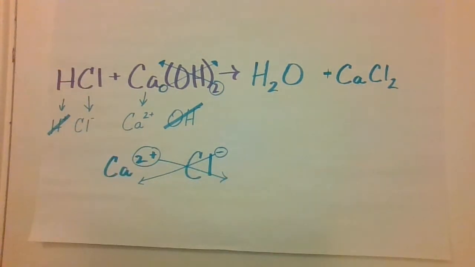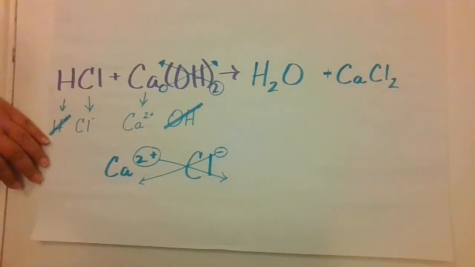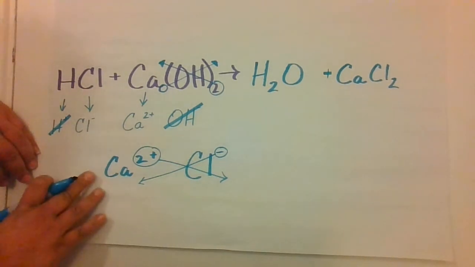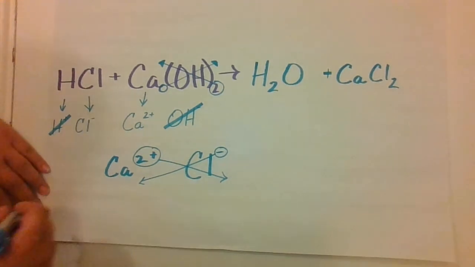But we want to make sure that our equation is balanced completely before we walk away. So if we go through our rules of making sure our equation is balanced, let's dig into that. Here we're going to make our list.